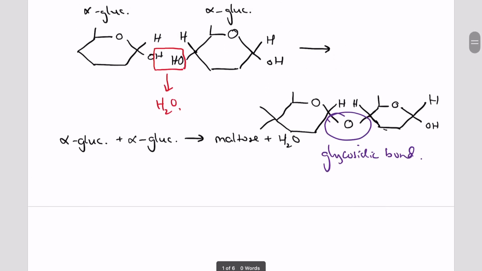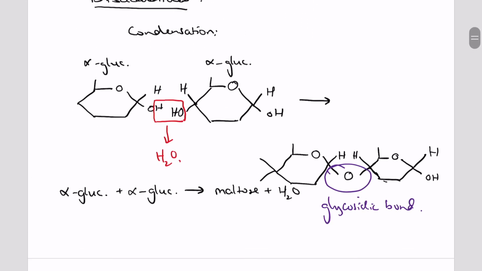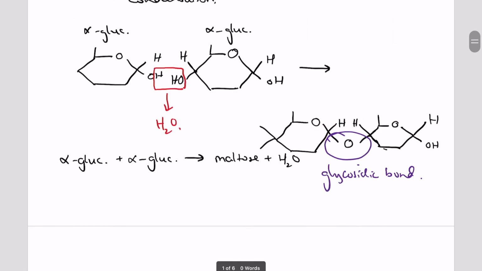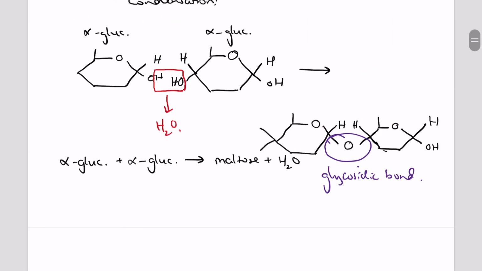Now, the opposite of a condensation reaction, so if we wanted to split this disaccharide up, the way we do this is by putting a molecule of water in, and putting a molecule of water in kind of reverses this entire thing. So it goes from maltose and our glycosidic bond.